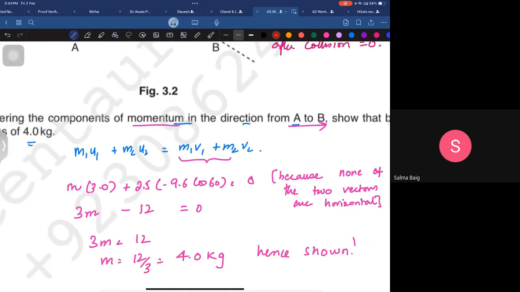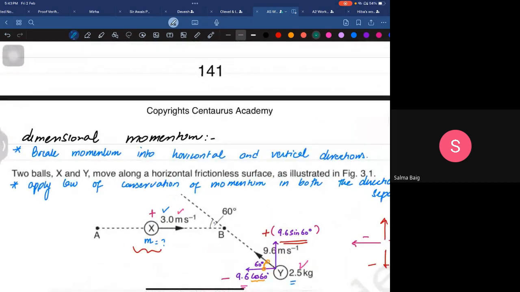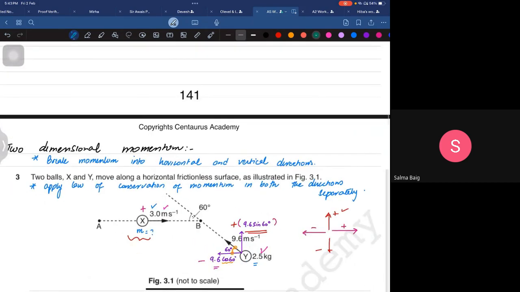Because I told you this is the equation in the horizontal direction. If both of them after colliding were vertical, then they do not have any horizontal direction. So that's why they should be zero. What I wrote in the first place was that you have to break momentum into horizontal and vertical directions and then apply the law of conservation of momentum in both the directions separately.